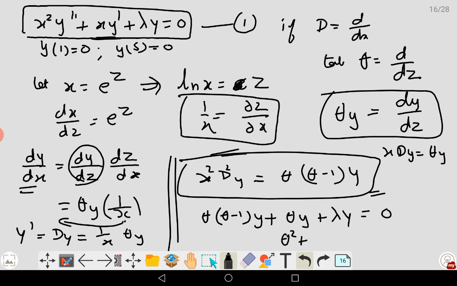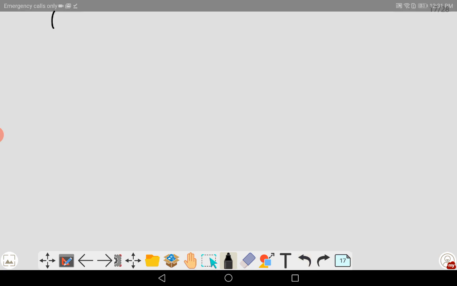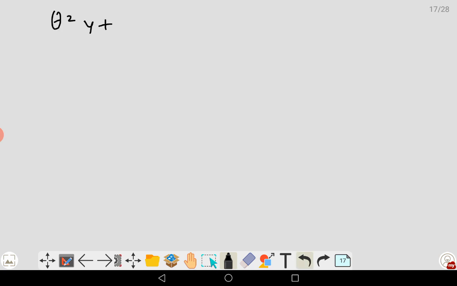When you simplify, theta square minus theta plus theta, theta is cancelled. This will be theta square plus lambda times y is 0. This is the new differential equation where theta is differentiation with respect to z, isn't it? Now we write this as our new equation, theta square y plus lambda y is 0. Now there are three cases.